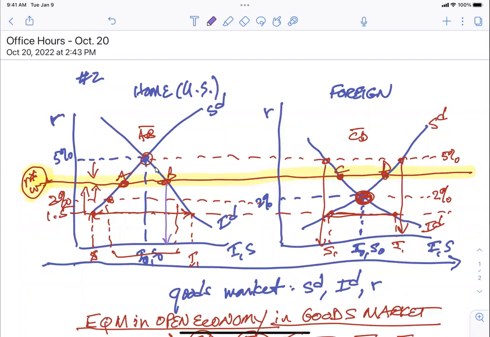So here's the level of investment in equilibrium in the world, but in the home country, H, sorry. There's I star and S star, right? There and there.